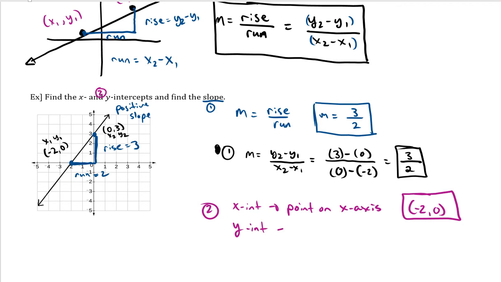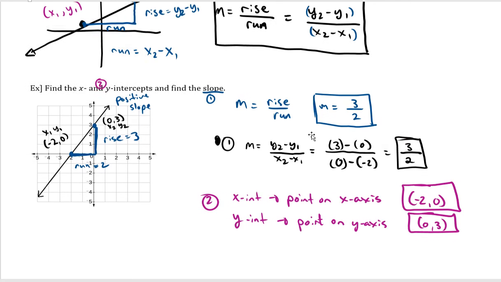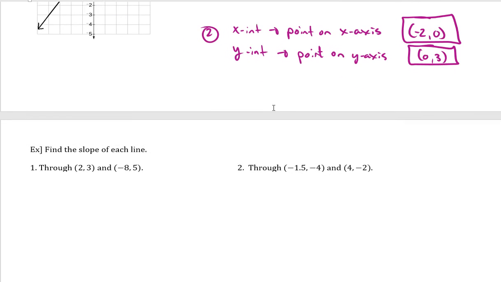And the y-intercept would be a point that's on the y-axis. That point is 0, 3. They typically want it in points form. Sometimes they might just say to list the x value, so just negative 2. However, I'm going to leave it as a point because I think that's better notation. Okay, so that's how we could find the slope given a graph.